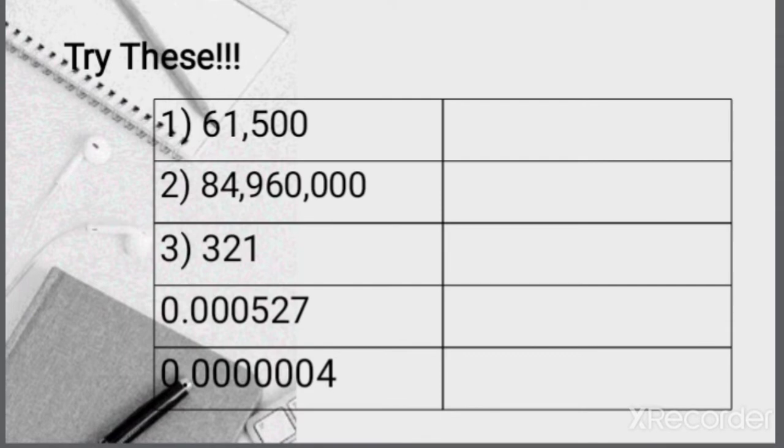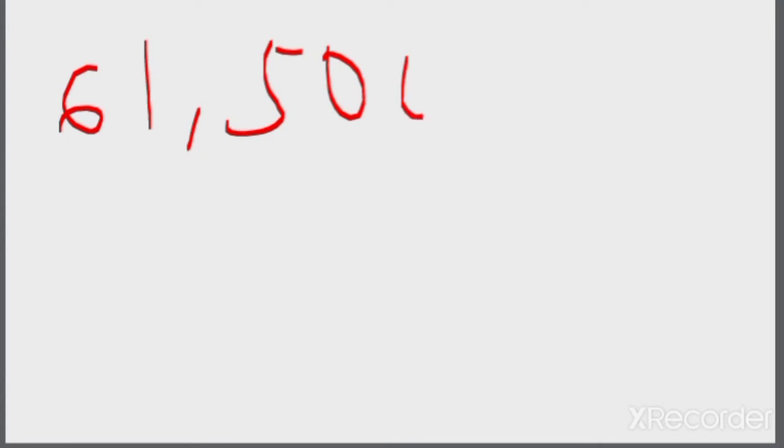So let's try another example. So we have 61,500. So what is the scientific notation? So for that we have 61,500. So here is our decimal. So move this one to the left. Let's count 1, 2, 3, 4.